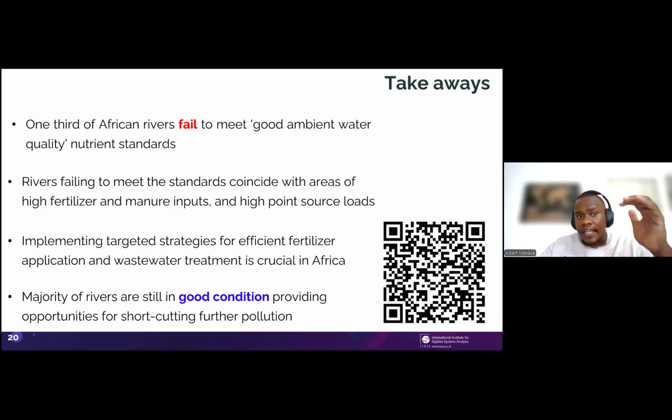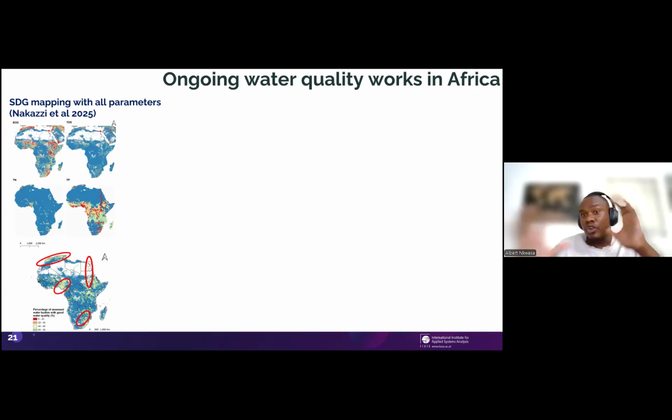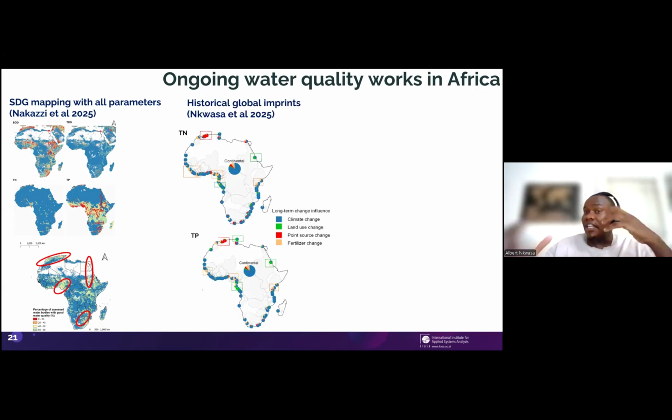I also added this slide to highlight some of the ongoing work that we do in Africa. In this SDG mapping, we've expanded it beyond nutrients. Now we've also added BOD as well as water temperature, and also projected it to see if we will achieve SDG 6 by 2030. We also check at 2050 and 2100. We've also done an attribution study to look at the different influences on water quality.